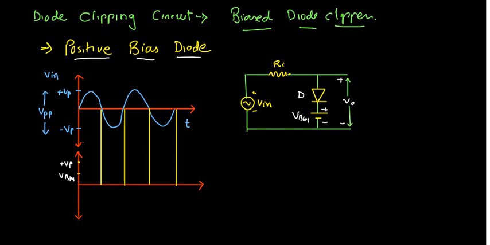Now let us check what will happen to the diode when this output needs to be considered. We are going to work for this positive half, and what will happen at the output side. This diode is an ideal diode, so there is zero threshold voltage. It will be working. Now let us go with the positive half cycle.